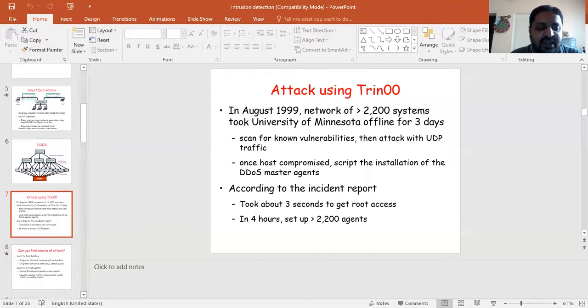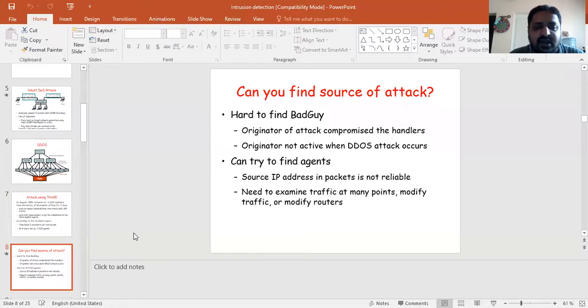In such an attack, we say that it is a distributed denial of service attack, so they use a distributed type of network. For example, there is an attacker, and they can use handlers in between, which manage different types of attacks, and they install different services on different systems in the network.